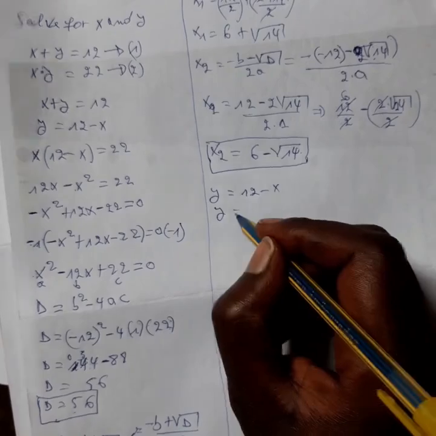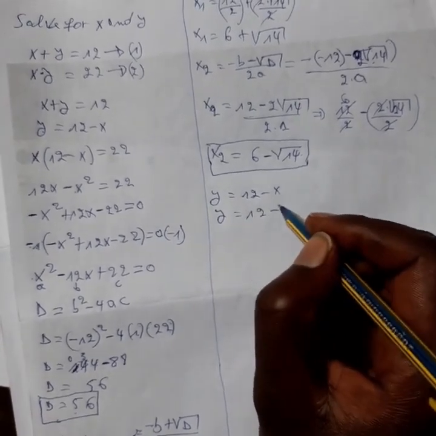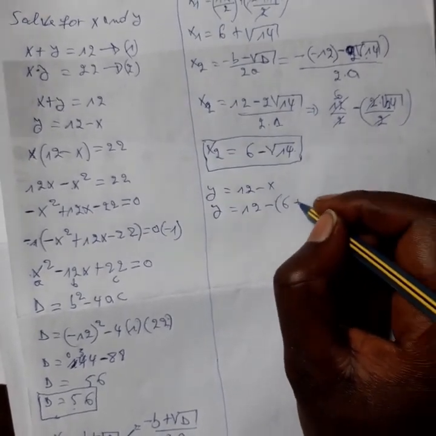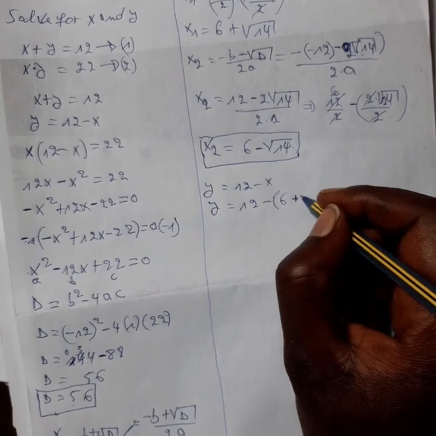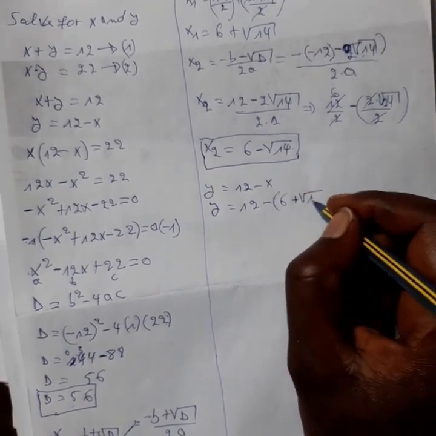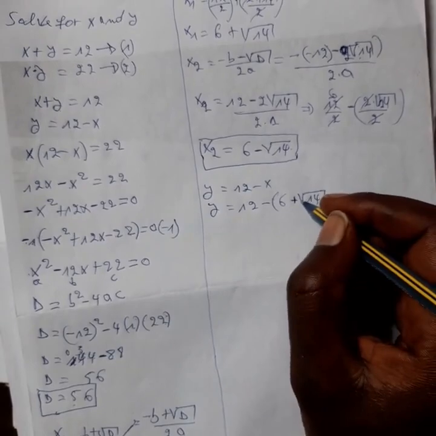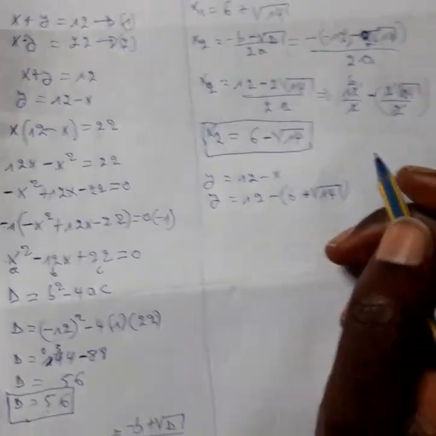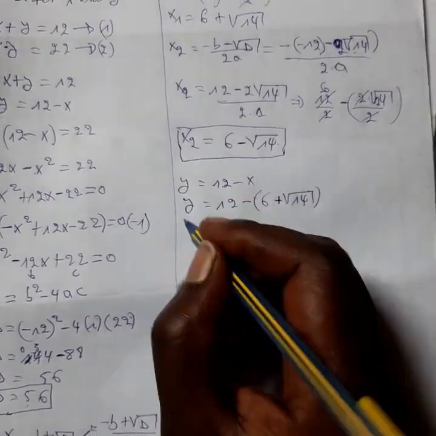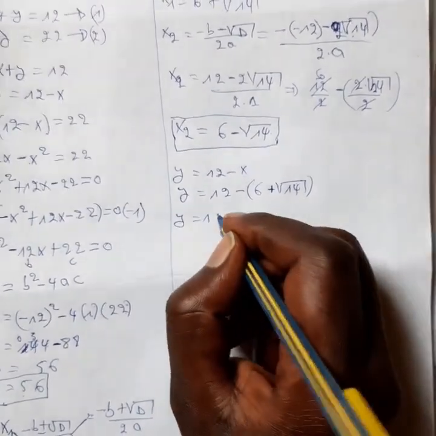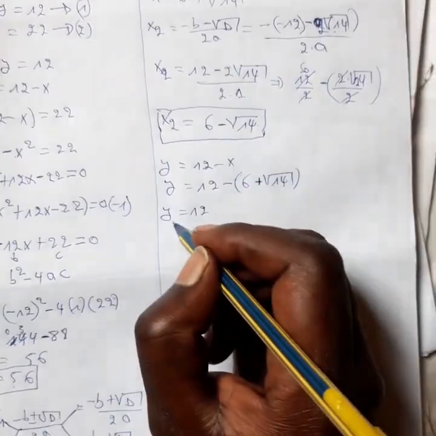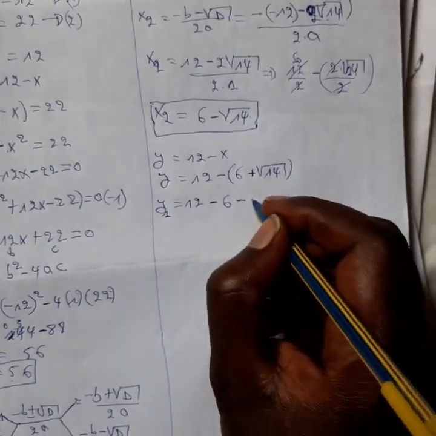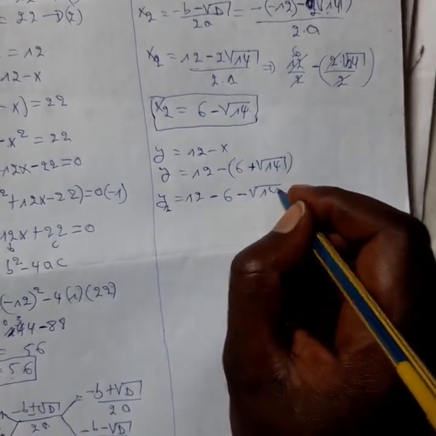So y will be equal to 12 minus 6 plus or minus square root of 14. This is x1, we replace here. Then y will be equal to 12, so this is y1, minus 6 minus square root of 14.